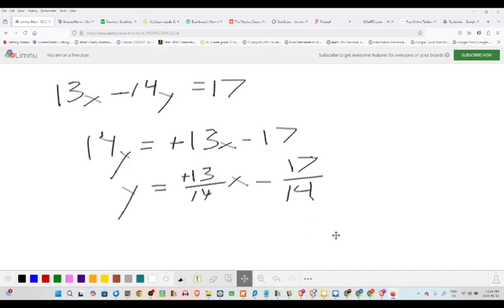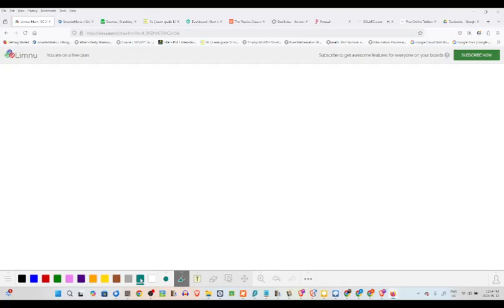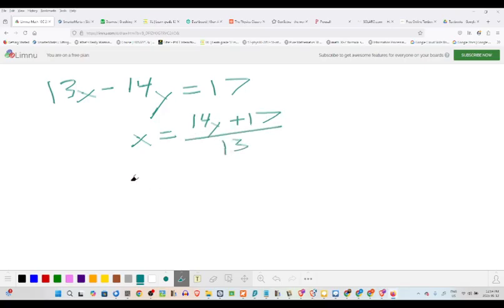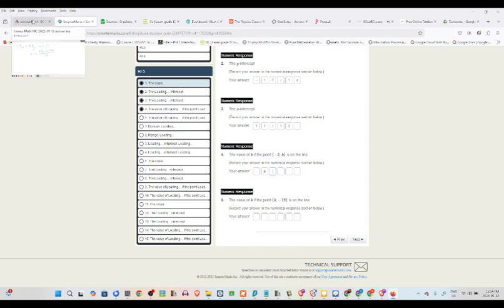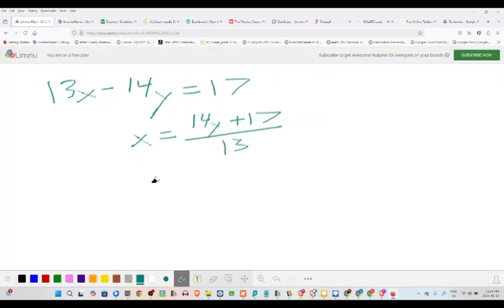Going back to that 13x minus 14y equals 17. So x is, if we add 14y to both sides and divide by 13, that's what we have. Our value of y here is negative 18. 14 times negative 18 plus 17 over 13. That did not work out.